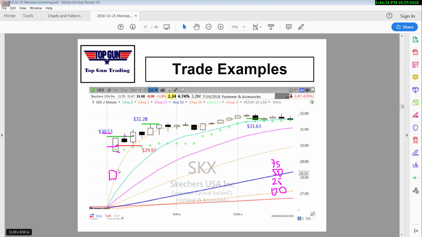If this was the body and it went up and it went up and then it comes back down, do I need to let it get all the way down to here to realize that it's not working? My idea is yes, I do not have to let it get all the way down there. If instead of going up, this black candle had gone lower and lower and lower, I don't need to let it get to $29.75 to realize that I'm wrong.